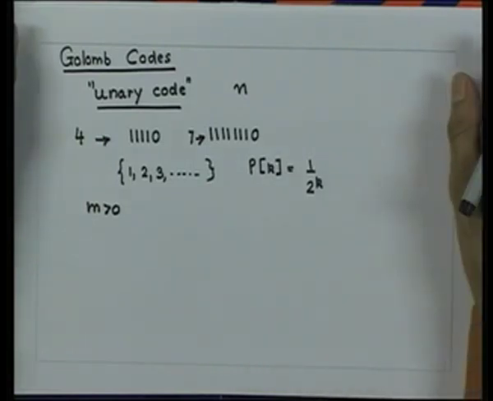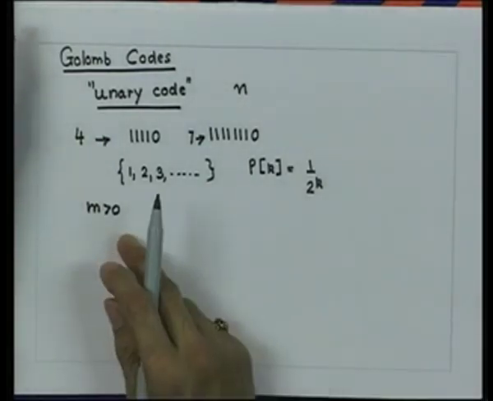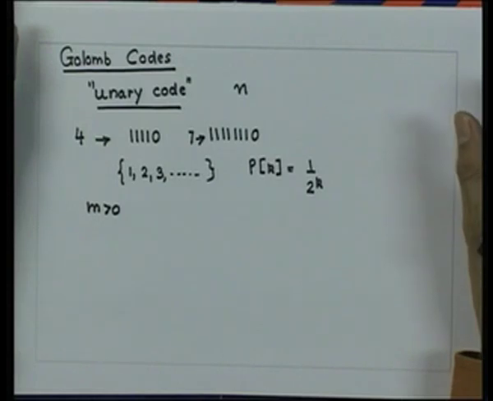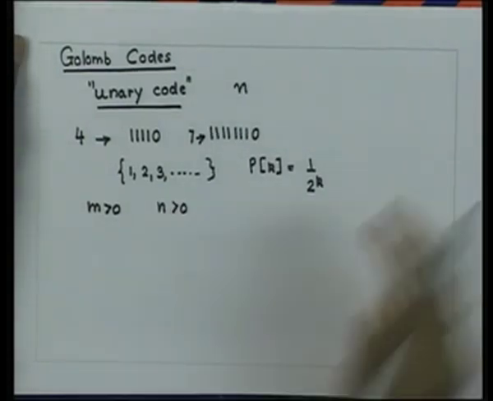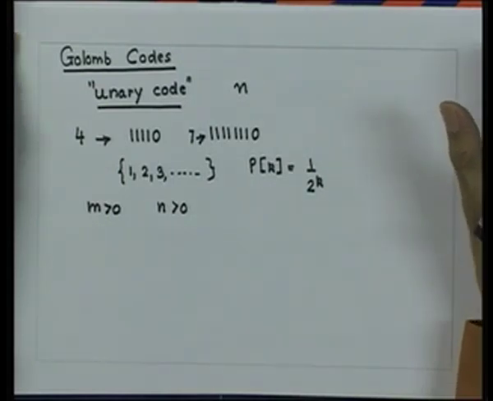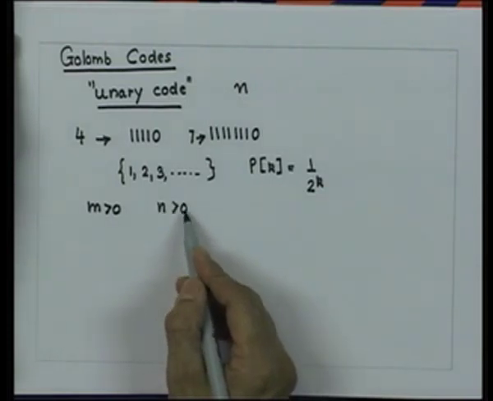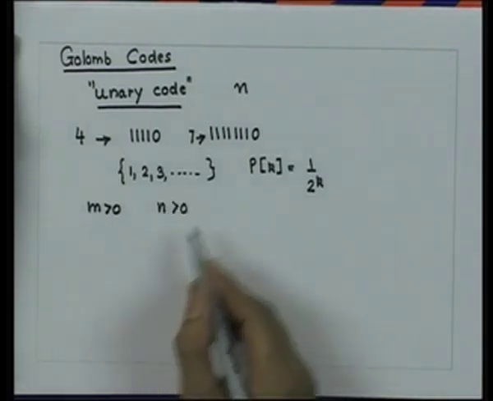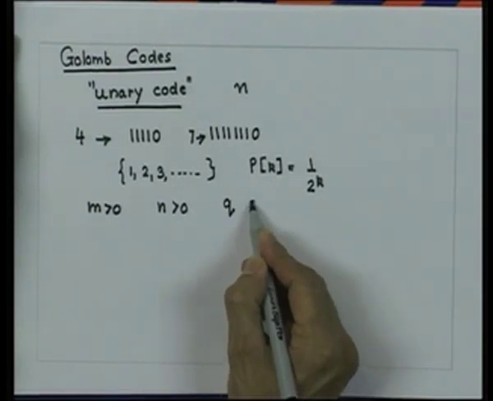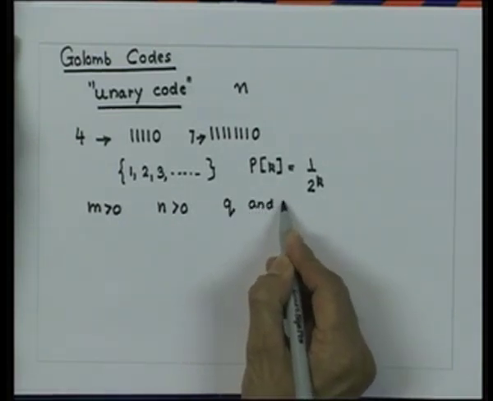In the Golomb code with parameter m, we represent an integer n greater than 0 with the help of two numbers, q and r.